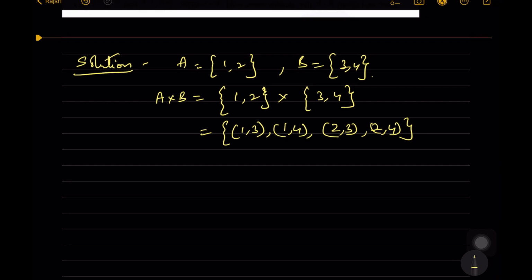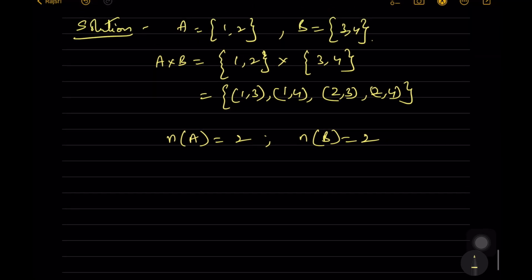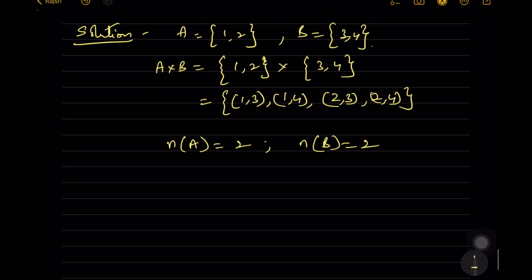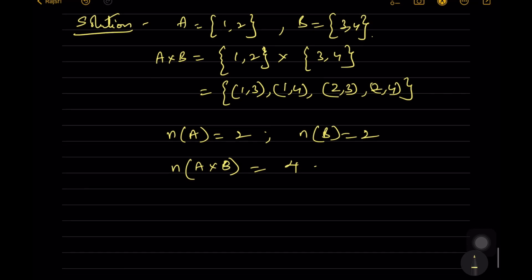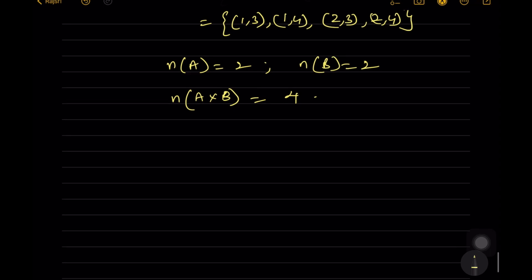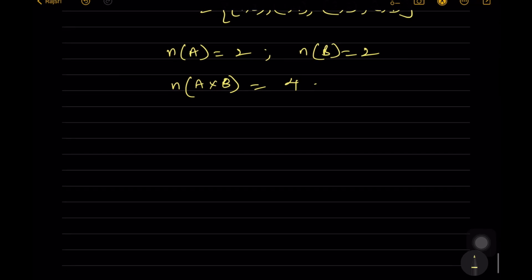Now it is asking to write down how many subsets A cross B will have, and list them. Number of elements in A is equal to 2, number of elements in B is equal to 2. So number of elements in A cross B is equal to 4. Now how many subsets will you have?